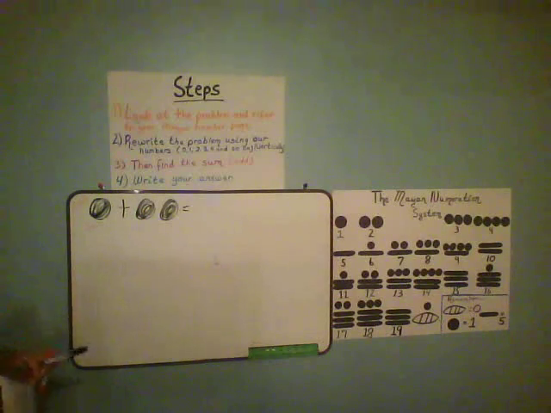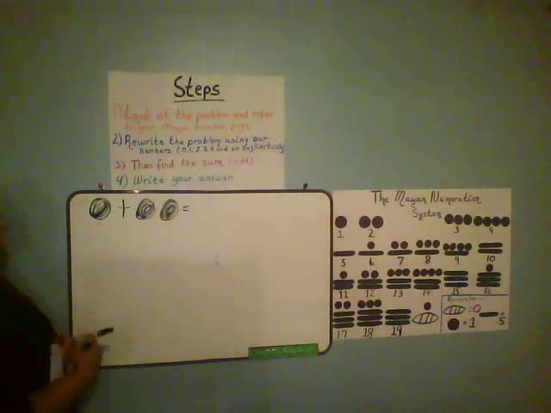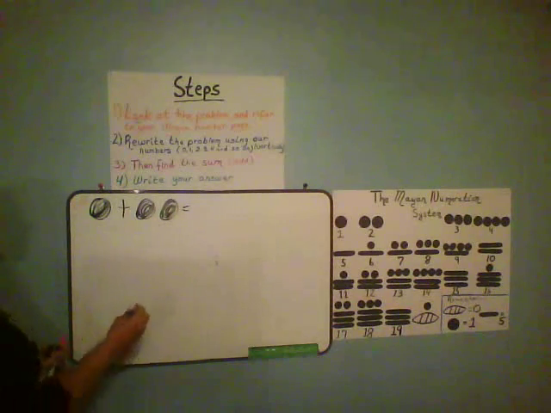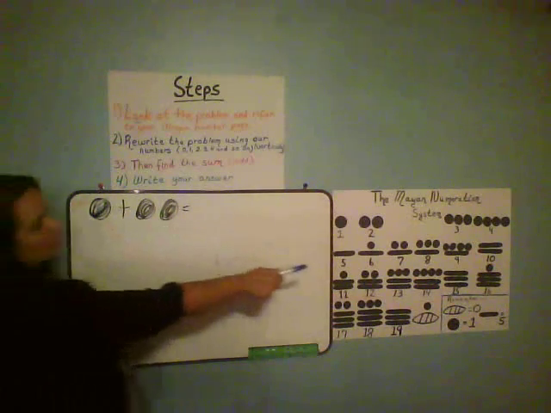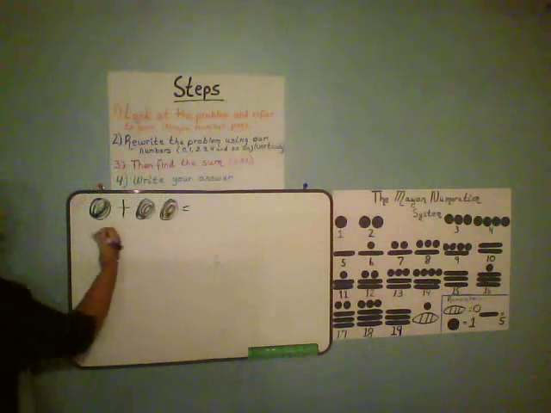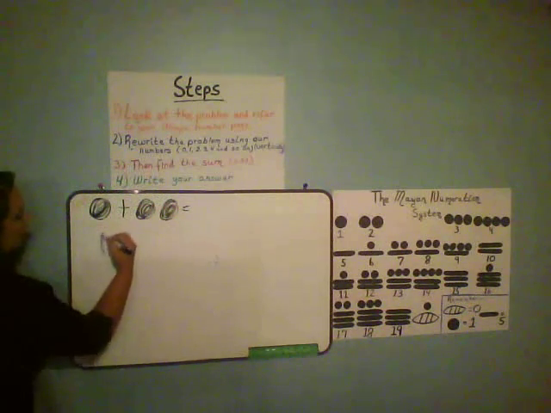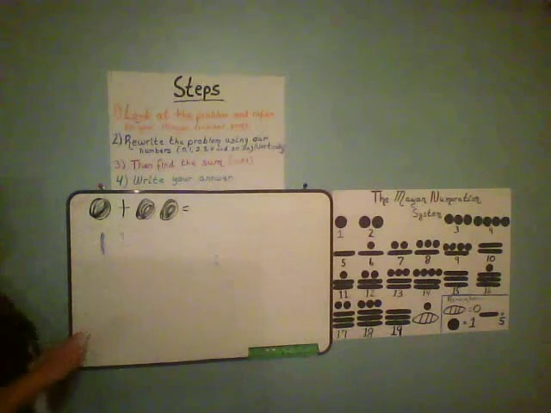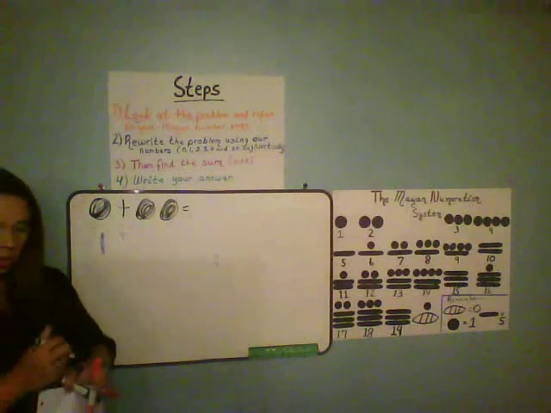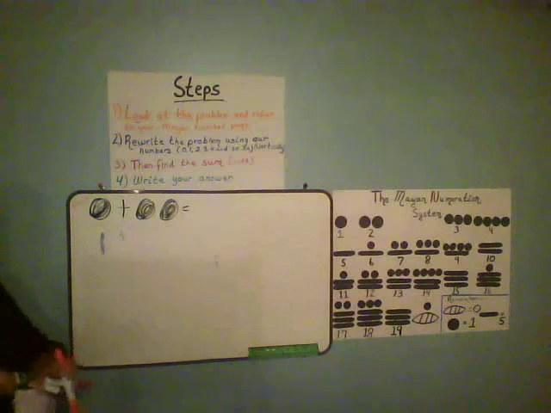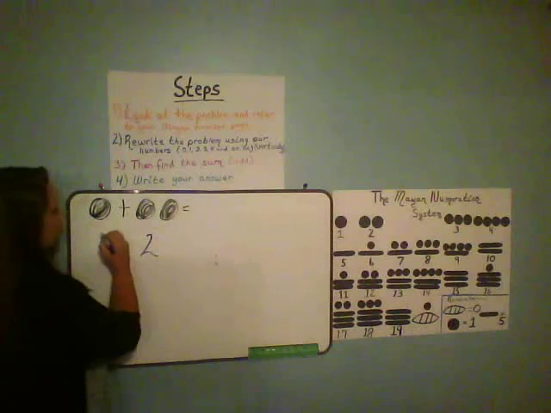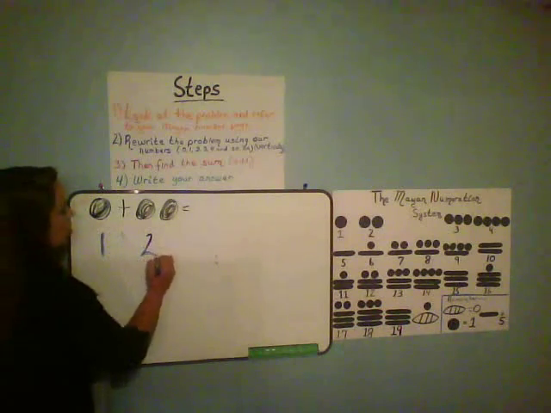The second step is we're going to rewrite the problem using our numbers. So let's take a look. 1 dot represents the number 1. Plus 2 dots. What do these 2 dots represent in our numbers? Right, the number 2. So we have 1 dot plus 2 dots.